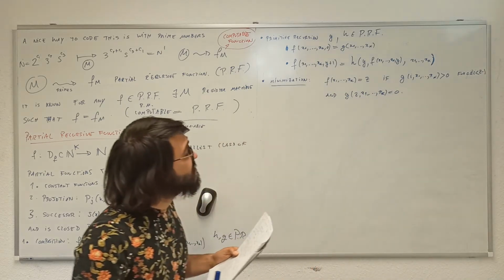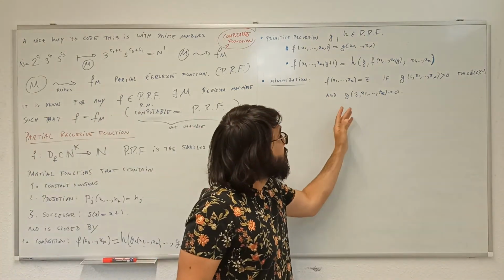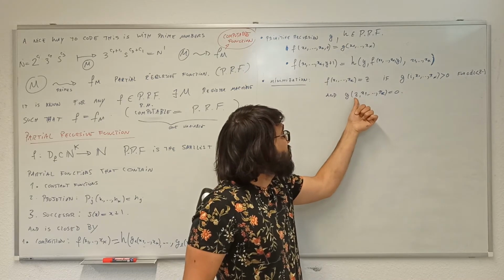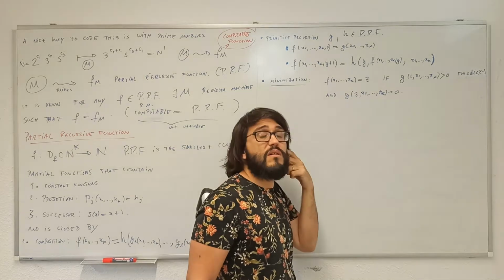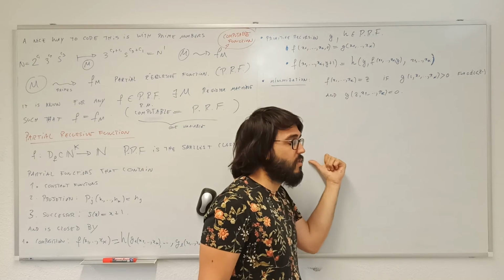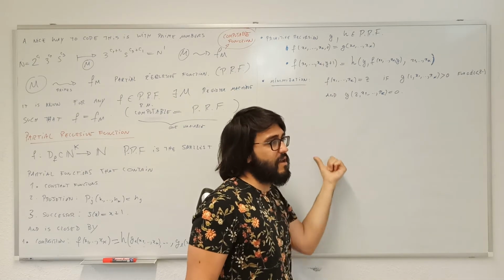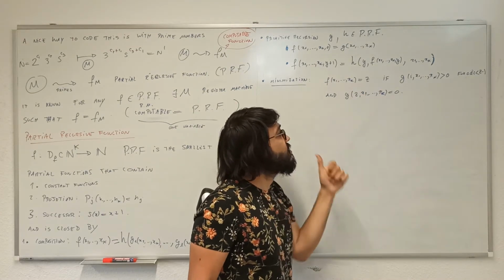So basically minimization is saying that you take an initial g, you use its first variable, you start from 0 and you start increasing, and it's always positive and well defined until you reach 0. That's called minimization in that direction.